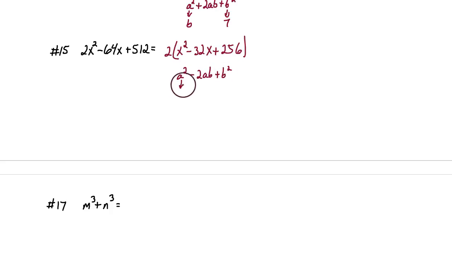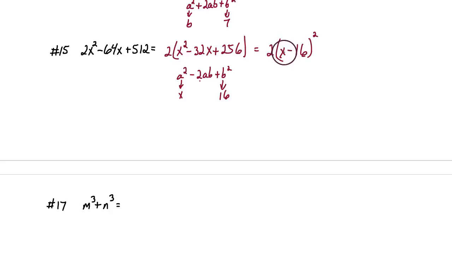The letter A is actually an x in our problem, and the letter B is actually the number 16. X times 16 is 16x, twice 16x is 32x, and that is what's in the middle. So the final answer begins with 2. It has parentheses with squaring on the outside, and we have x minus 16.